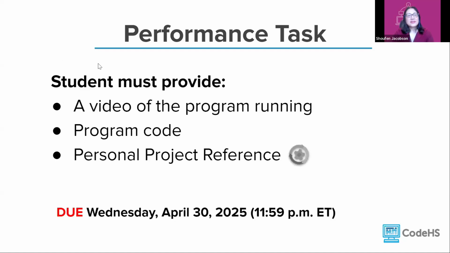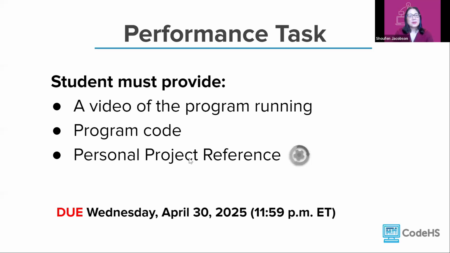So this is the part your kids need to submit by April 30th, 11:59 p.m. Eastern Time. So a video of the program run must clearly show inputs and outputs. We have some kids who did not earn the point this year because it doesn't show the input and output clearly.